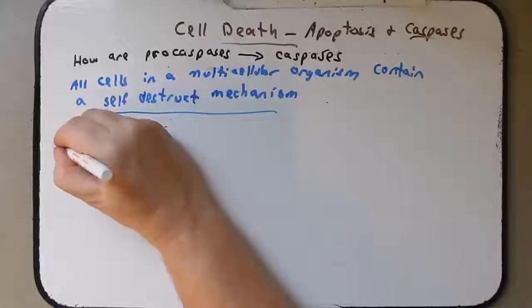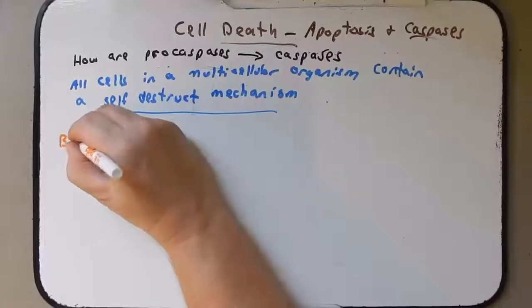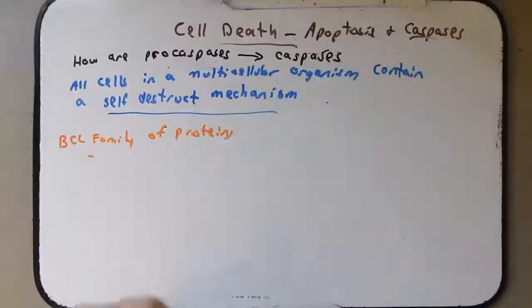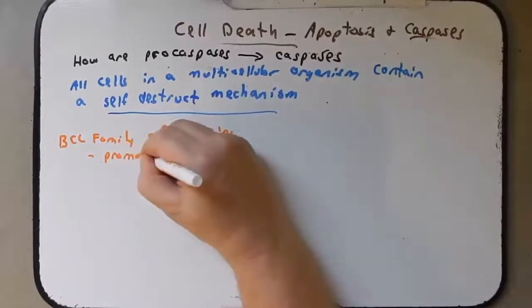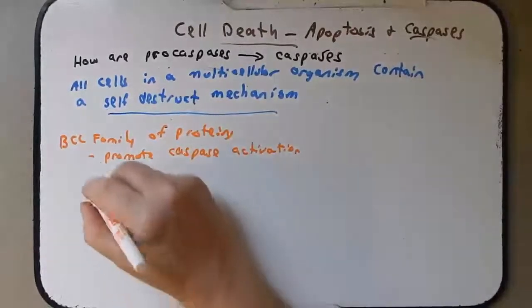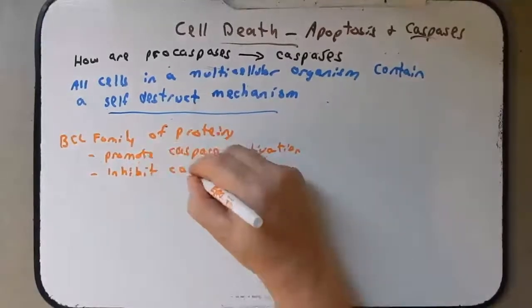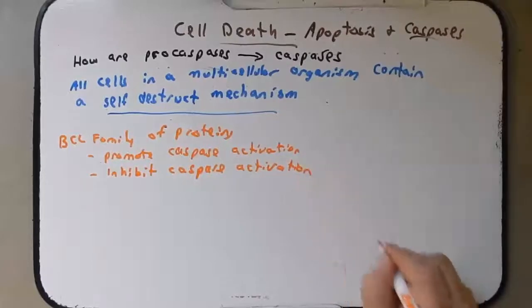By and large, this self-destruct mechanism of apoptosis is controlled by the BCL family of proteins. These proteins either promote caspase activation and thereby promote apoptosis, or they inhibit caspase activation, thereby preventing apoptosis.